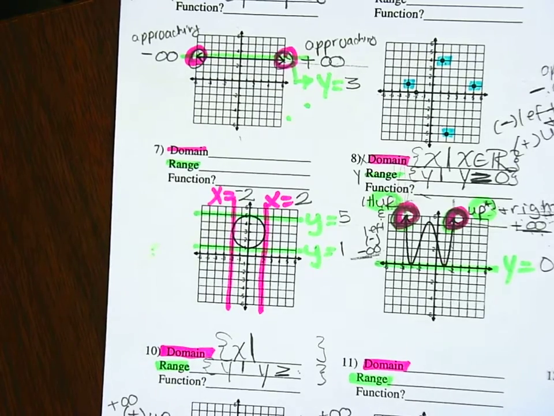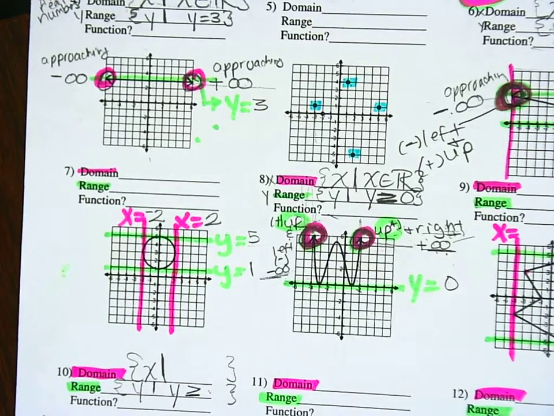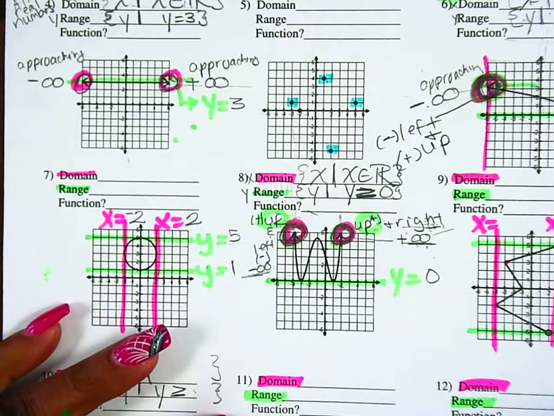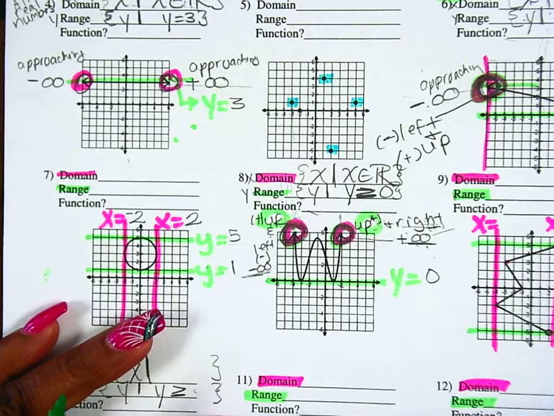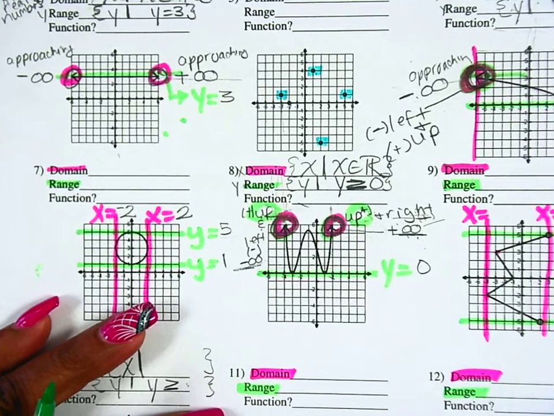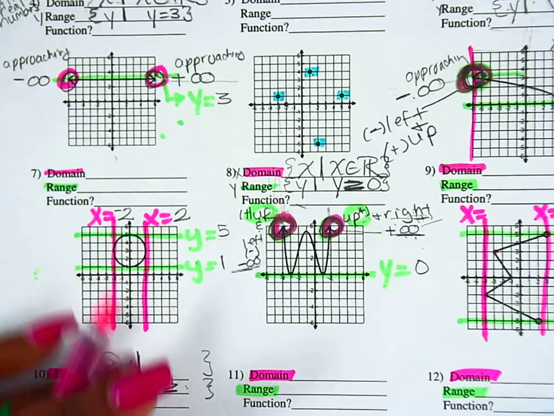Okay, there we go. Continuing on with number 11. Number 11, the domain. What's the left boundary? X equals, the right boundary. The right boundary, this right here, it doesn't have a boundary.